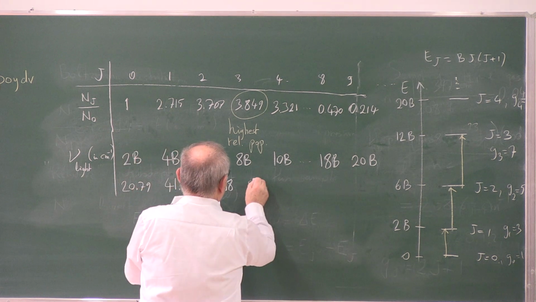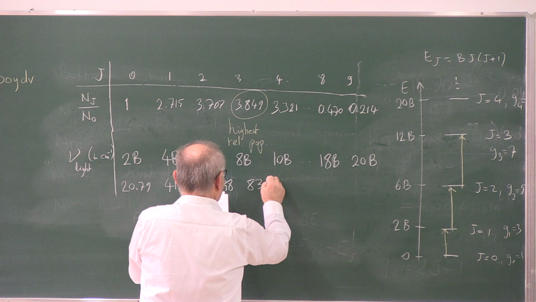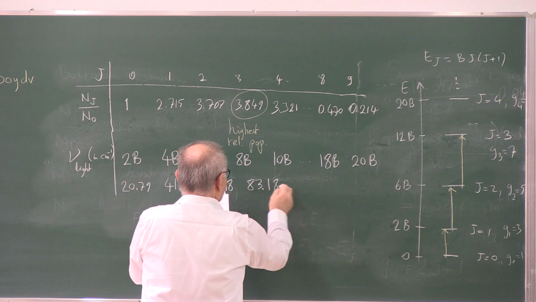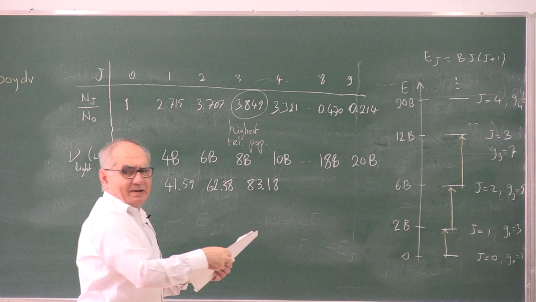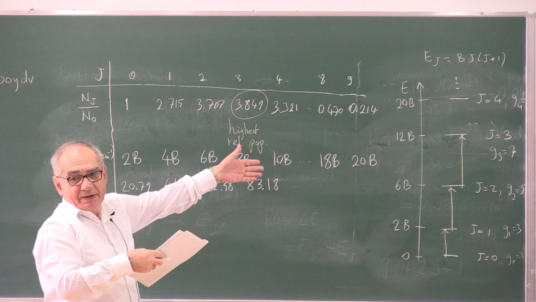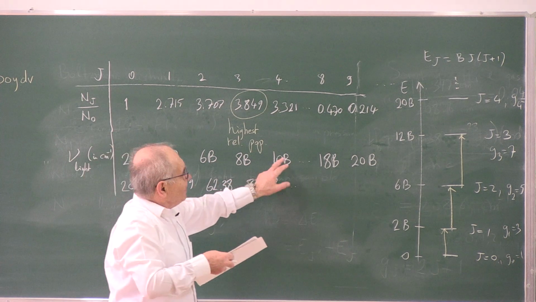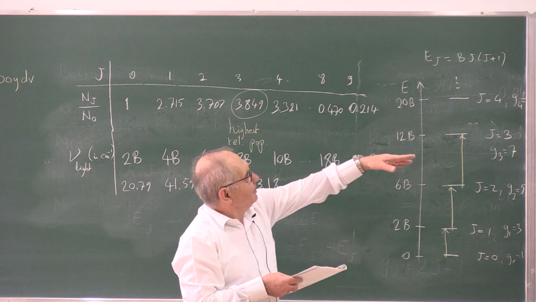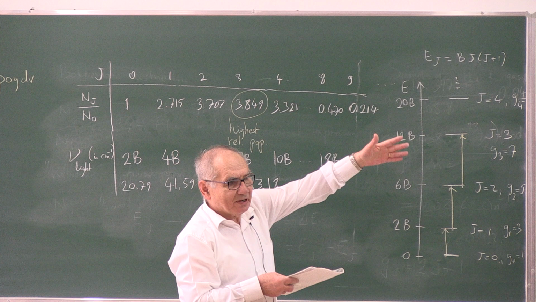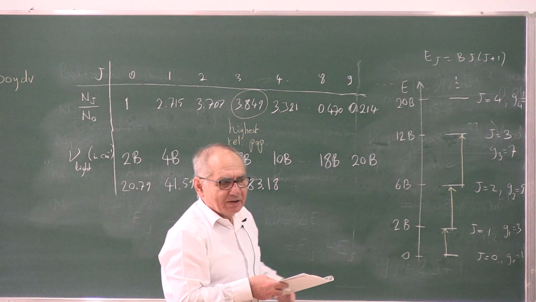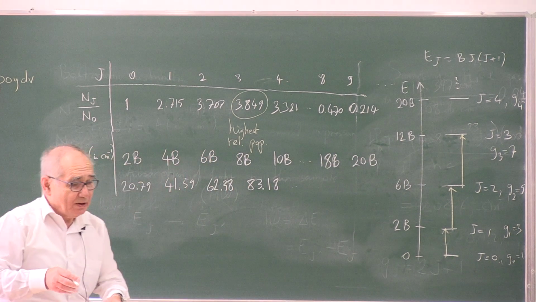And this is 83.18 wave number. All the numbers are given to you. So the next value is 10 times B, which is 103.97. So you can easily complete this table.